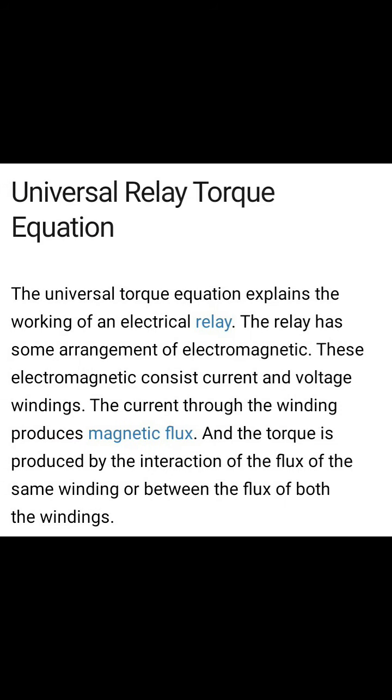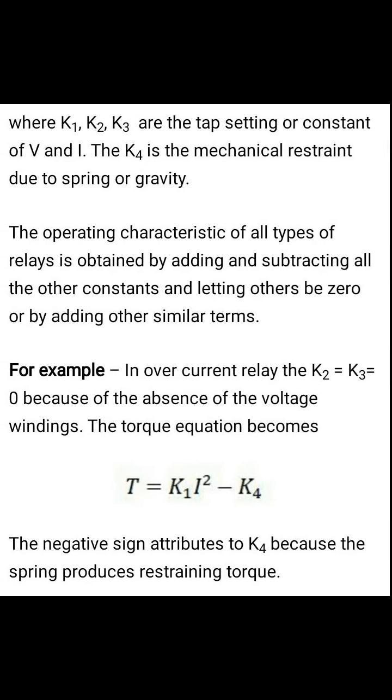Universal relay torque equation. The universal torque equation explains the working of an electrical relay. The relay has some arrangement of electromagnets. These electromagnets consist of current and voltage windings. The current through the winding produces magnetic flux, and the torque is produced by the interaction of the flux of the same winding or between the flux of both windings.